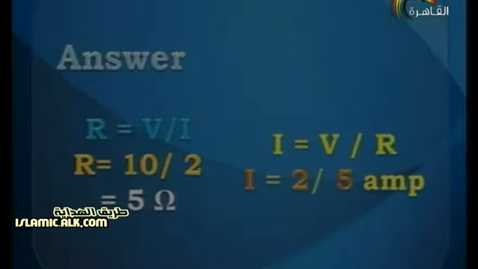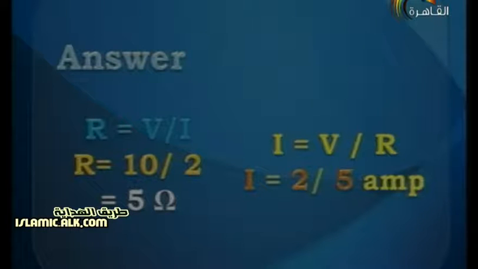The answer: R is V divided by I in the first part, and 10 divided by 2 equals 5 ohms. And here we have I equals V divided by R, so the electric current intensity equals 2 divided by 5 ampere.